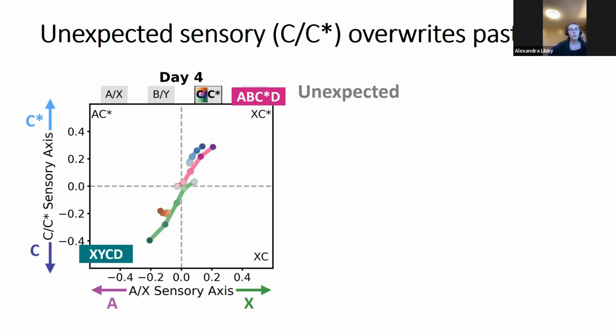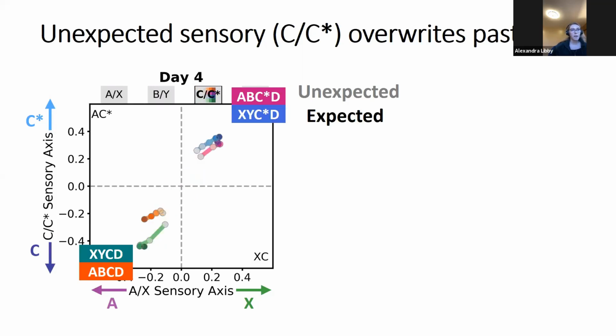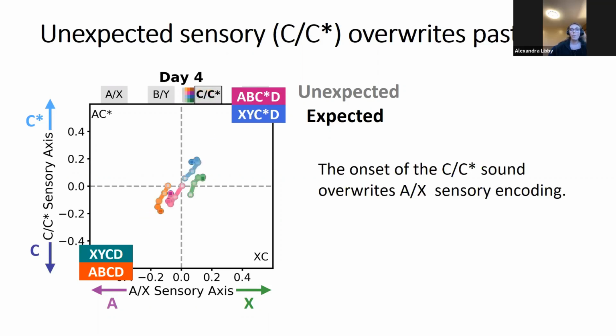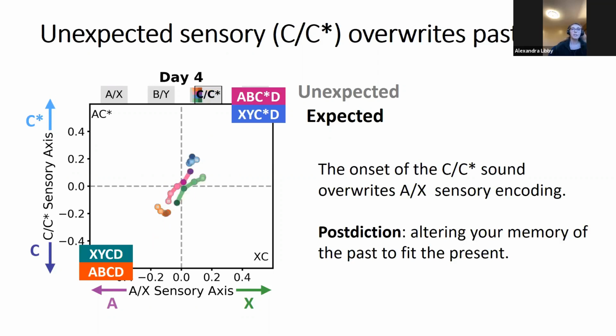And we see the reverse when C is unexpectedly played after X. Meanwhile, the expected trials are correctly encoded. So in other words, that connection between A and C prime and X is so strong that when you have the onset of the C/C prime, that overwrites that AX sensory encoding. And this is basically a post-diction.